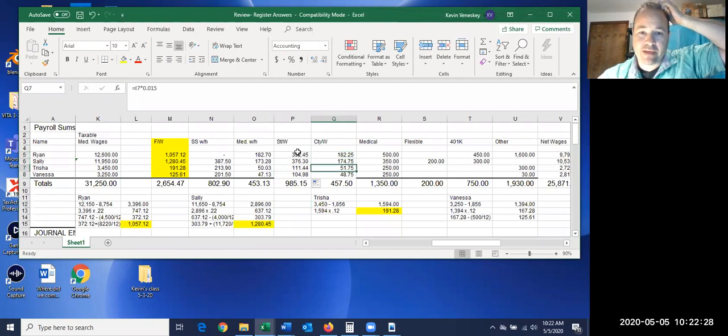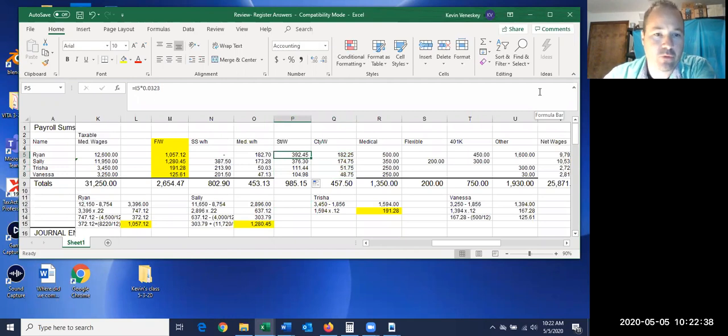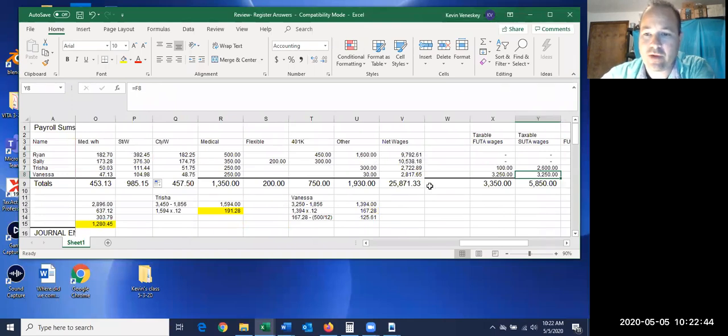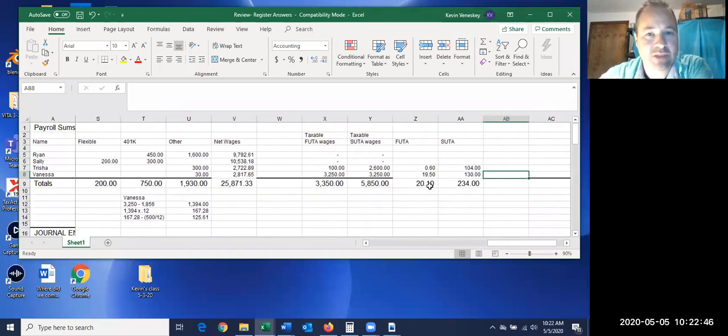County, I put that everybody lives in Delaware County. So that is 1.5%. Indiana rate was 3.23. And then here are our final wages. And then over here is the taxable FUTA and SUTA.